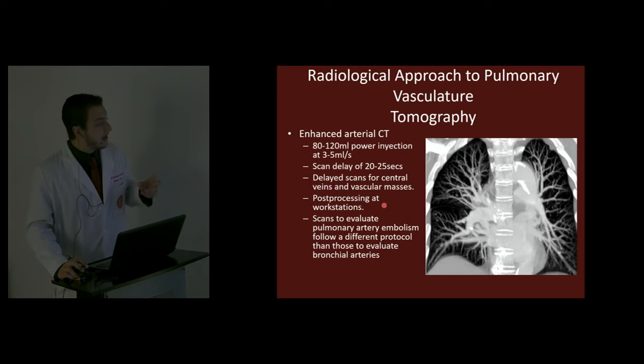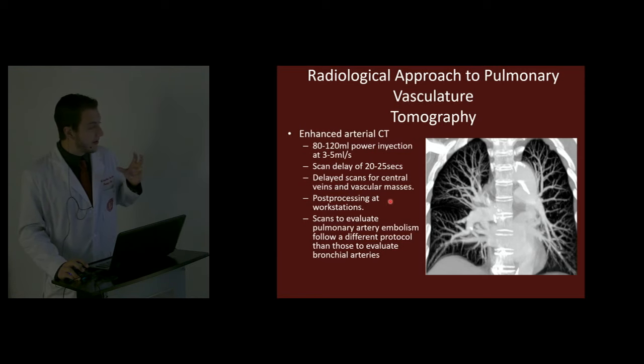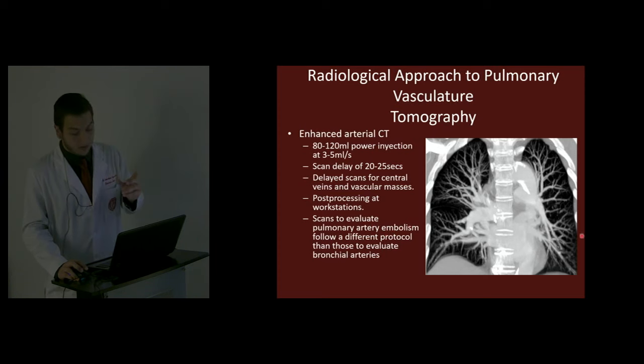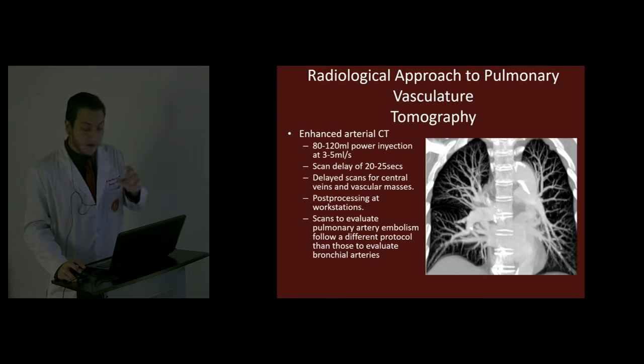And there's something you have to consider to evaluate pulmonary artery embolism. You have to make a different protocol than the one to evaluate bronchial arteries, and that is because the pulmonary artery embolism protocol consists of a scan from the diaphragm to the apex in a caudocranial way, so we can observe the lower lobe vessels, because at this point in time you have the best enhancement and the optimal breath holding.